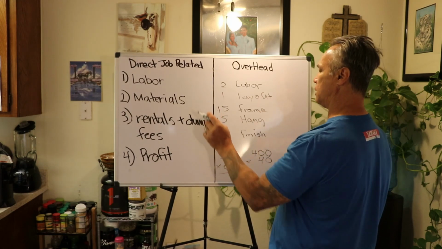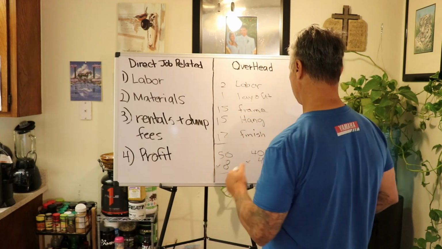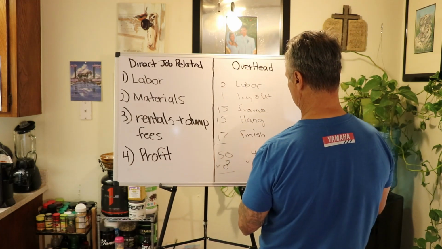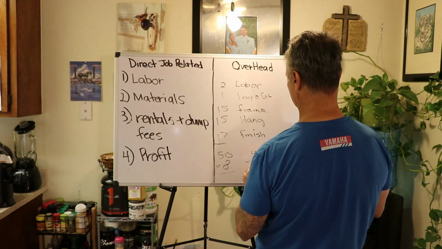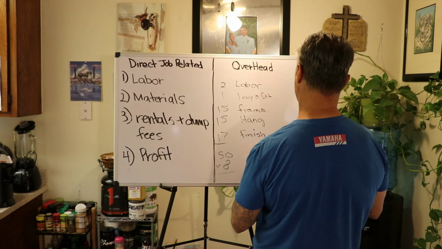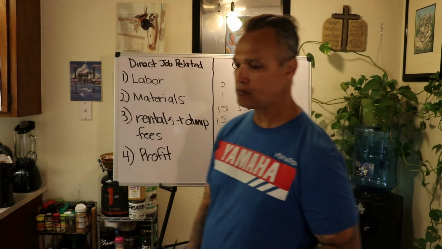That's what we talked about, after workman's comp, after employer costs, all the goods. So at 400 hours at $40, we are at $16,000 in labor expenses.